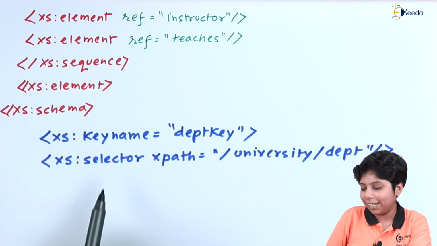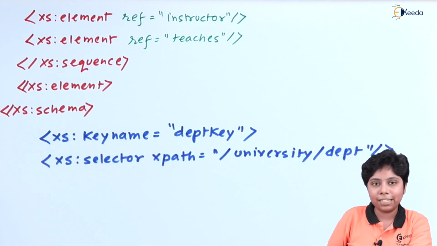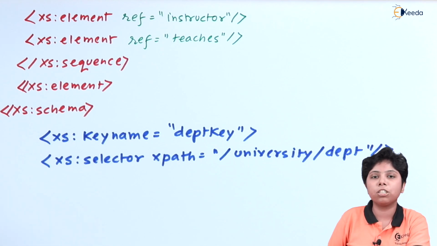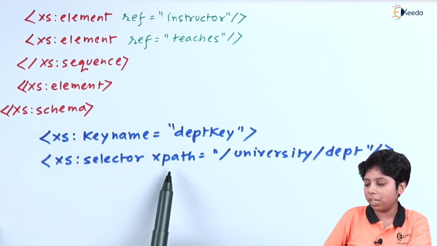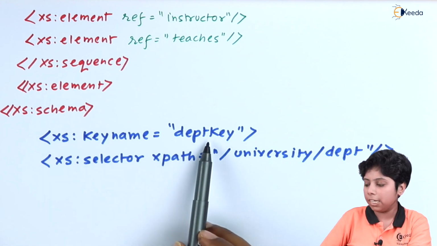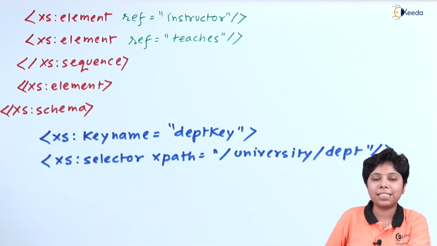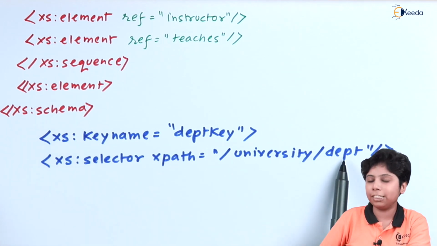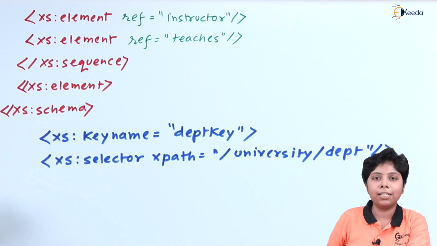Now here the selector XPath attribute defines a path that expresses the scope for the constraint, that is the primary key here. So my primary key for department, that is dept key, will have its scope in the university and department elements. No other relation or element can access this key.